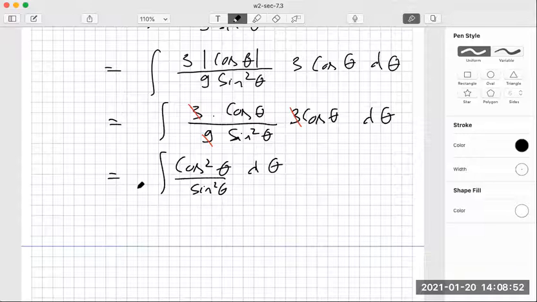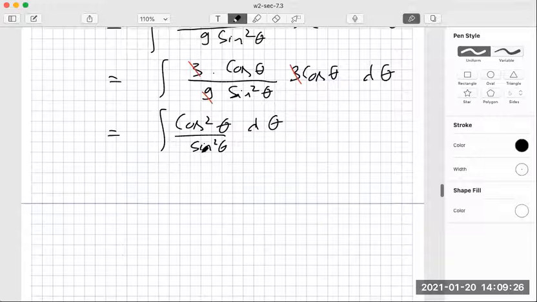Now it will be cosine square over sine square. What should we do next? Again, please. Secant square? Yeah, we can write it that way. If we can find the antiderivative of secant square, that is perfect, right? But if we don't remember the formula of that, or we don't know it for now, we can do another way.